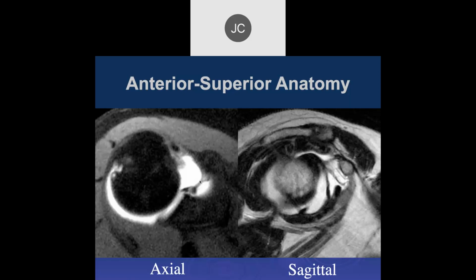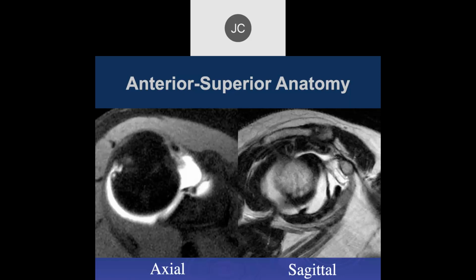So if we look in the axial plane in that anterior superior area, here we can see the anterior portion of the superior labrum. This is the superior glenohumeral ligament over here. If we go to the sagittal plane, this is that middle glenohumeral ligament, which comes down and it really attaches to the deep fibers of the subscapularis. Then there are the different fibers of the superior glenohumeral ligament up in this area.